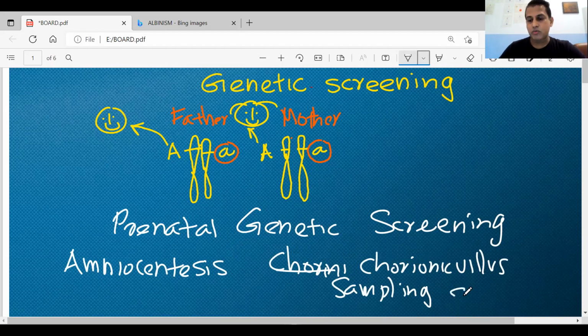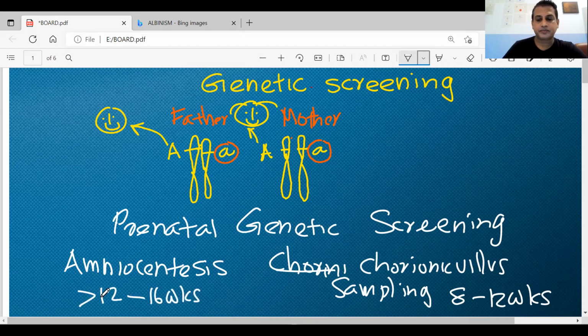This can be performed between 8 and 12 weeks of pregnancy. And amniocentesis can be performed after 12, up to 16 weeks. So chorionic villus sampling is the first window. If they miss the first window, they can go for the second window, amniocentesis. Okay, let's see the first genetic screening test, chorionic villus sampling.